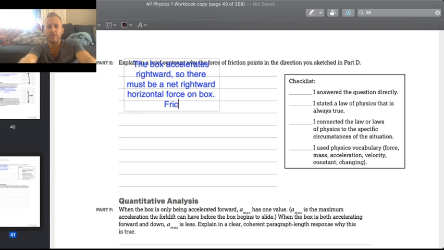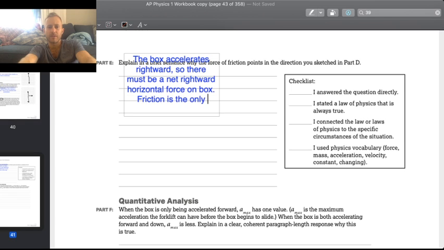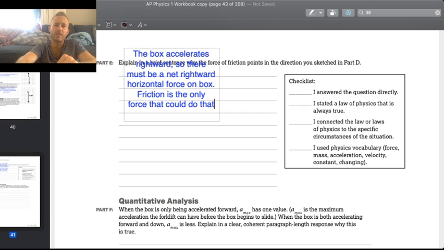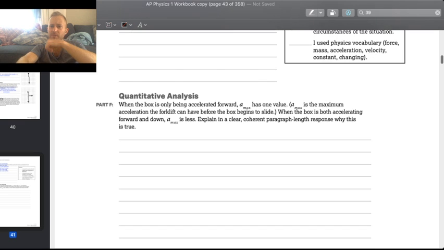Friction is the only force that could do that. Something like that.